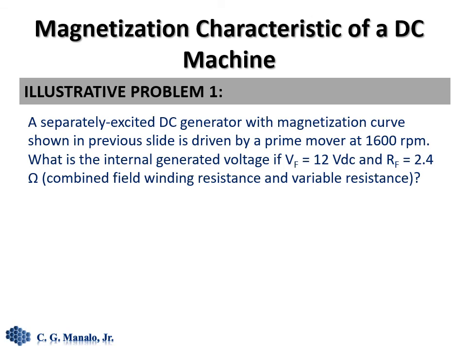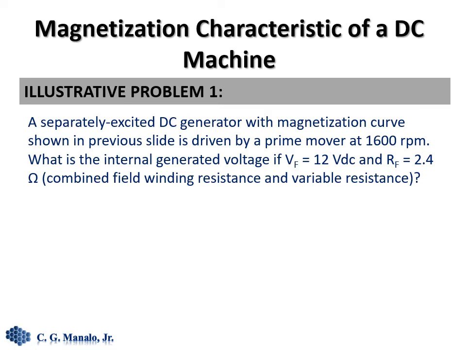So let's have an example to showcase the magnetization characteristics of a DC machine. Here we have a separately excited DC generator with the magnetization curve shown in our previous slide at 1,800 RPM. But here, the generator will be driven by the prime mover at 1,600 RPM.